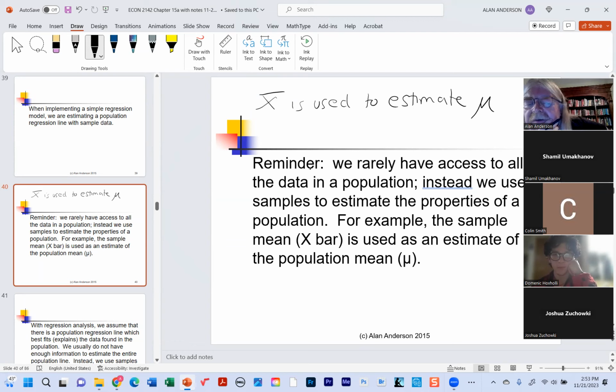We're going to create a regression line, which is actually a sample regression line based on the assumption that there exists what we're going to call a population regression line that explains the relationship between two variables for the entire population. Naturally enough, the notation is different in both cases. So we're going to start by introducing the population regression line, and then we're going to analyze it, and then we're going to look at the corresponding sample regression line.